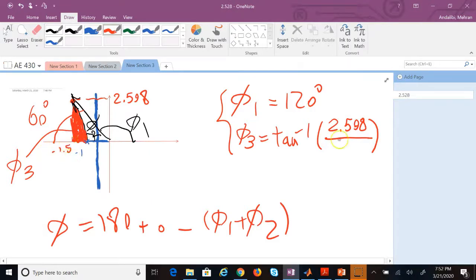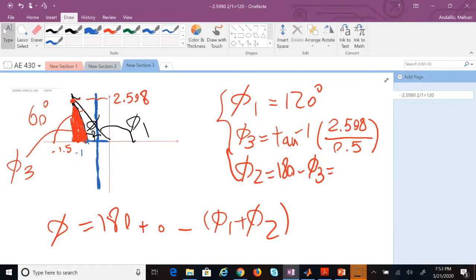Between negative 1 and negative 1.5, so it's just 0.5. Correct? So that's phi 3 that I calculate, and then phi 2, the angle that I'm interested in, is 180 minus phi 3. So if I use MATLAB and calculate the angles, the angle of interest for me is going to be 100.89 degrees. And phi 1 is 120, so it's not too hard to calculate.